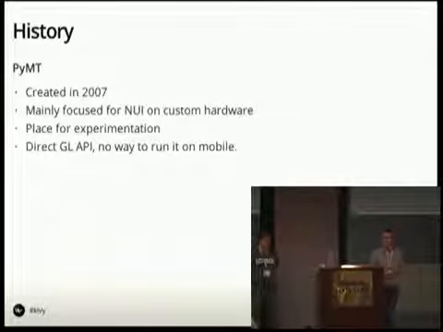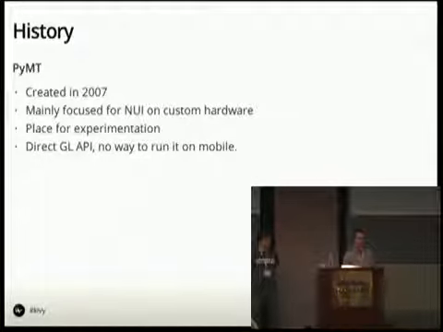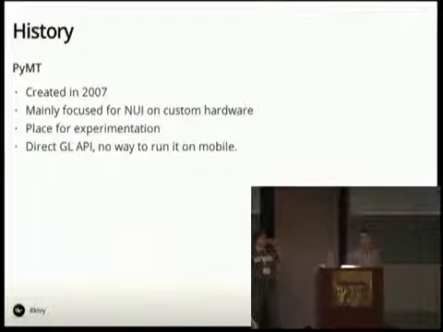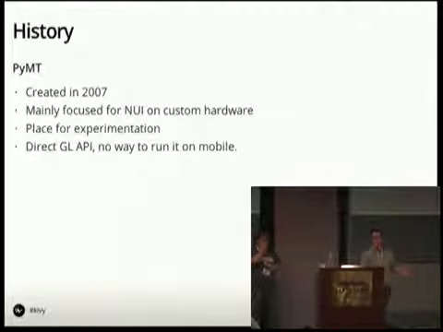So if we wanted to build a commercial application or give the user something that is stable and well done, PyMT wasn't really made for that. And we also had a big issue: all the graphics code was using direct GL instructions. That way of doing things was not compatible with GLES2, so we could not run PyMT on mobile devices.